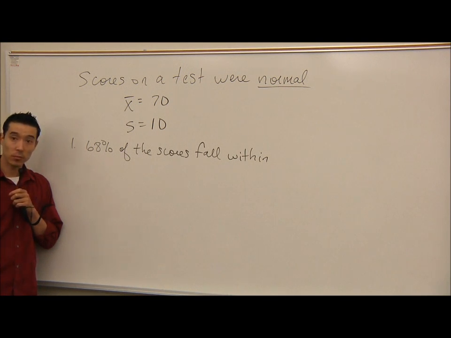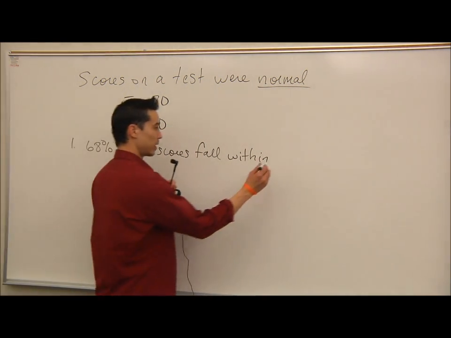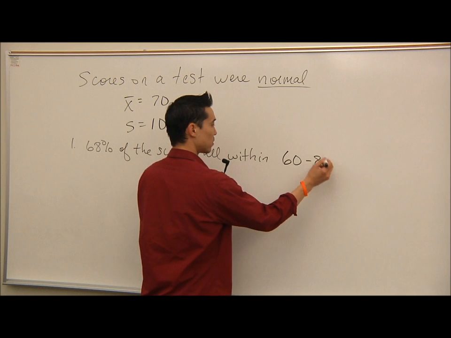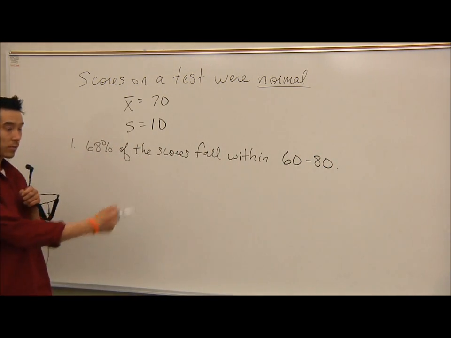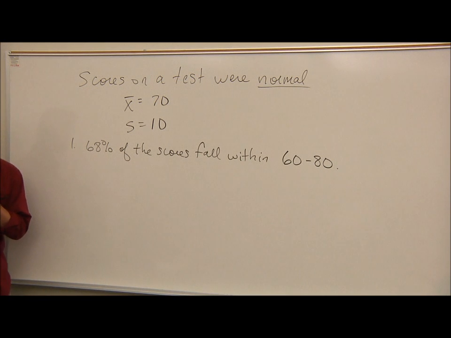So if I go up 1 standard deviation and down 1 standard deviation, what scores is that? 60 and 80. So we're saying roughly 68% of the people that took the test scored between 60 and 80. Does that make sense? Okay. Roughly 68% of the people that took the test scored in that range.